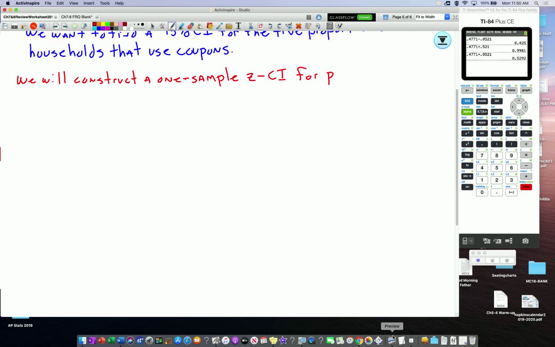So now, random, normal, independent. Random: yes, a simple random sample of 800 households was taken.